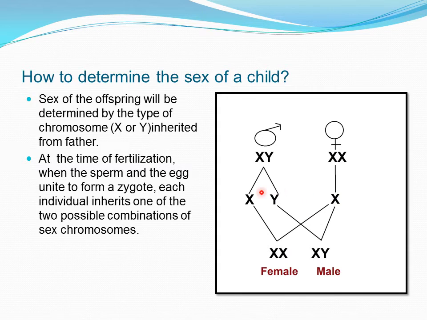And when the sperm containing the Y chromosome combines with X, then XY is formed, which is male. Now let us quickly see the pictorial representation, which will be easier for you to understand.